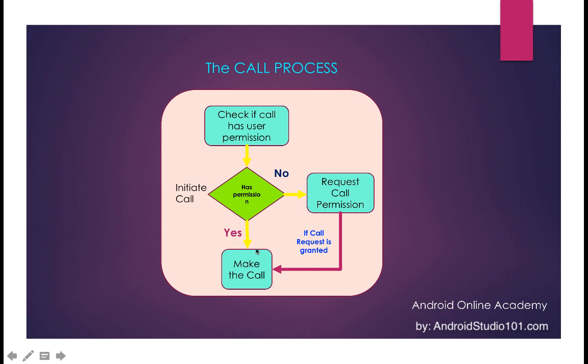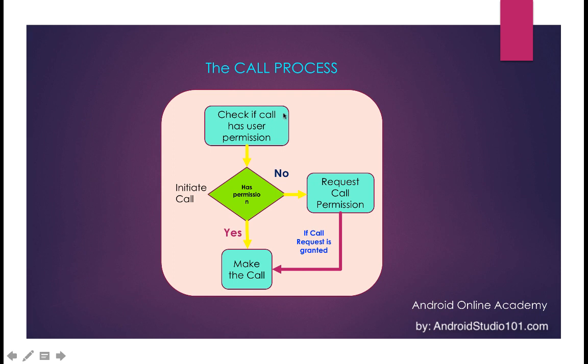But on newer phones, the ones with the Marshmallow or Nougat operating system for Android, it now requires the programmer to explicitly ask the user for permission to make the call. So your code should ask the permission. It's a little bit longer process now to create a calling app.